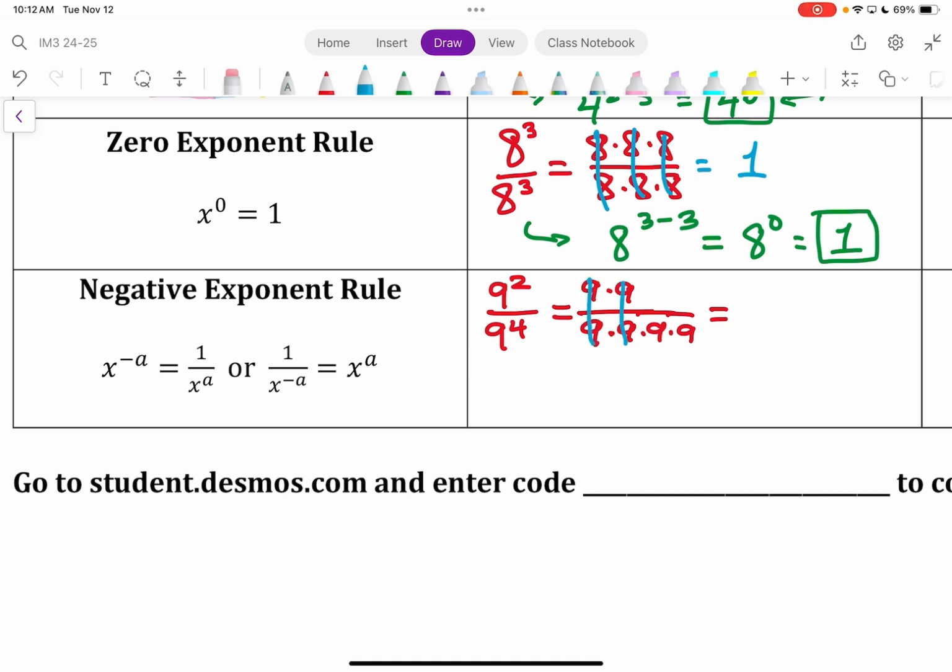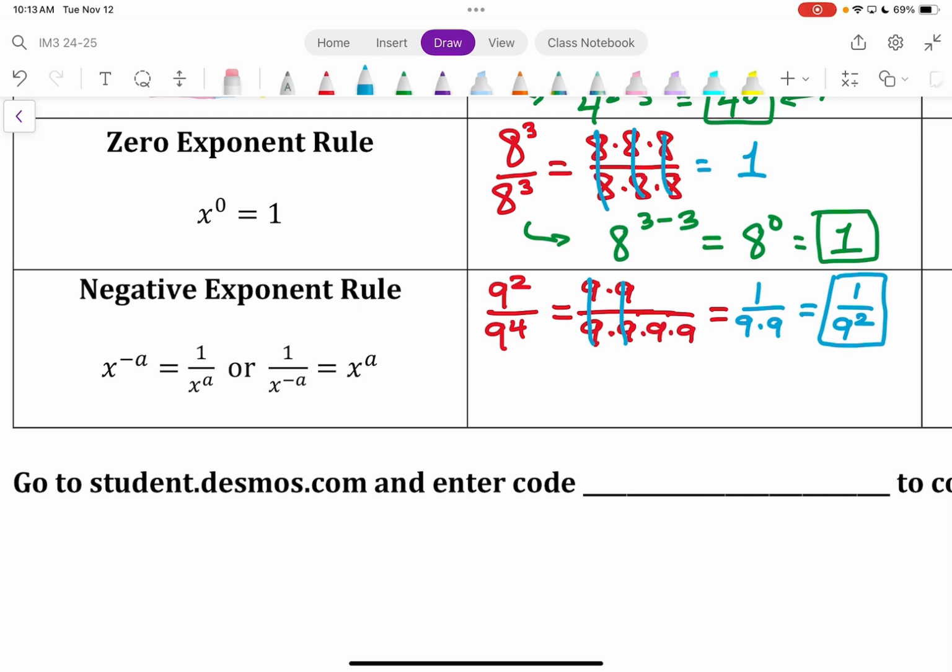So we would have 2 pairs of 9s that reduce to 1. But we also happen to have 2 9s left over in the denominator. So we have 1 over 9 times 9, which we can rewrite as 1 over 9 squared. So our final solution here is 1 over 9 squared.